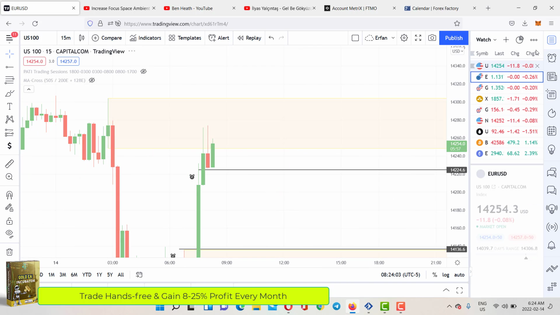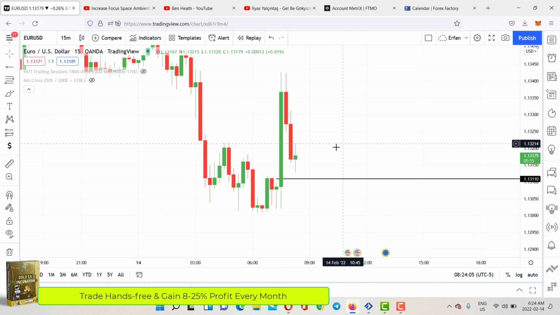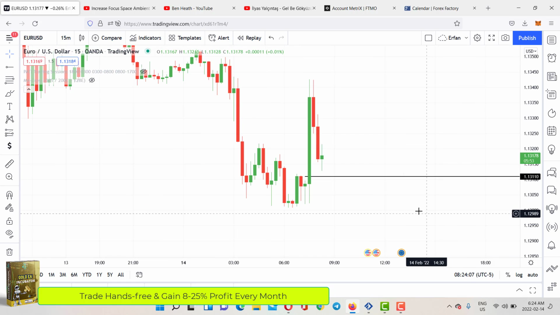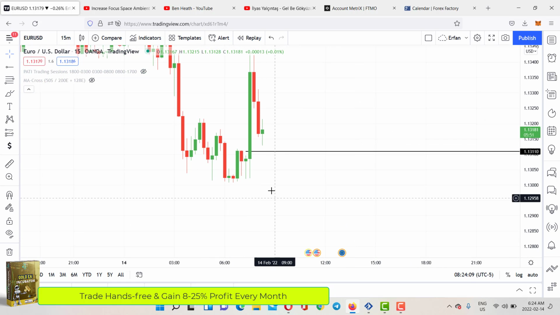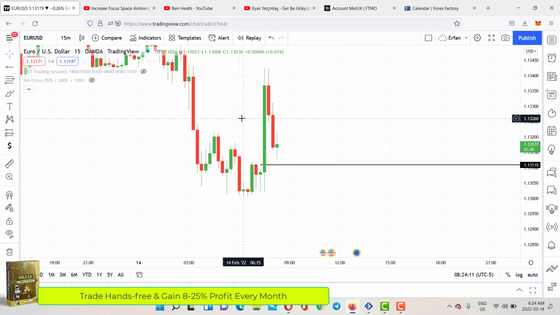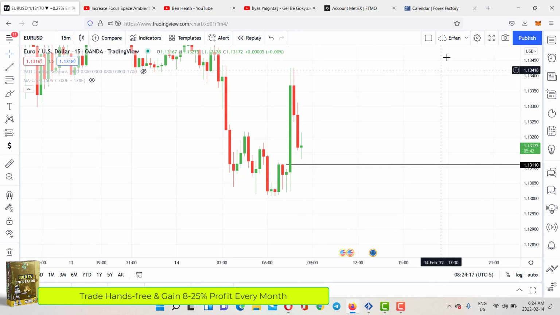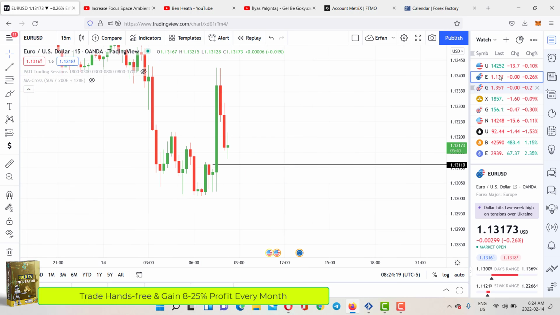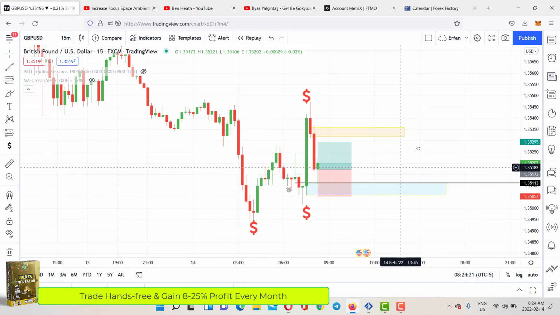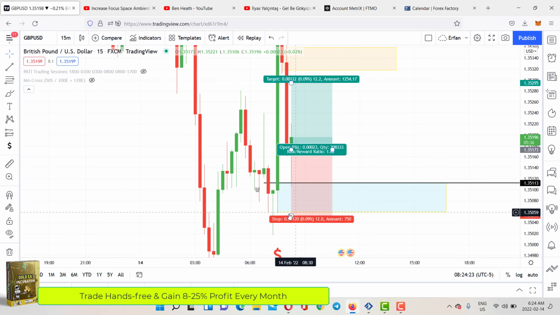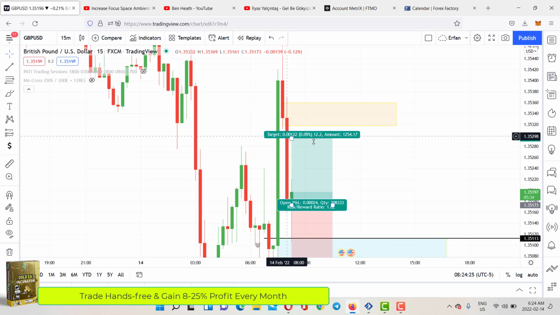GBPUSD good. EURUSD not good so far, because it hasn't tapped into 70% level. There's no high probability order block that I can count on. We just have a trend line from here to here. GBPUSD is the best one so far that I'm into right now. As you can see, the stop loss is in a good place.